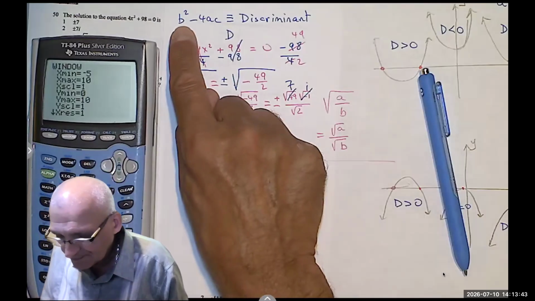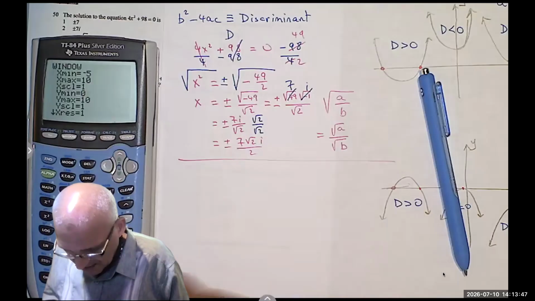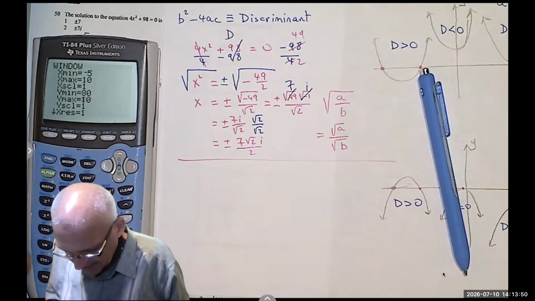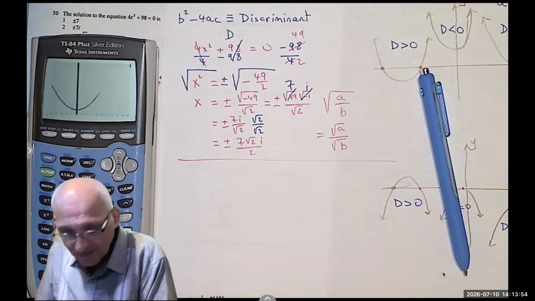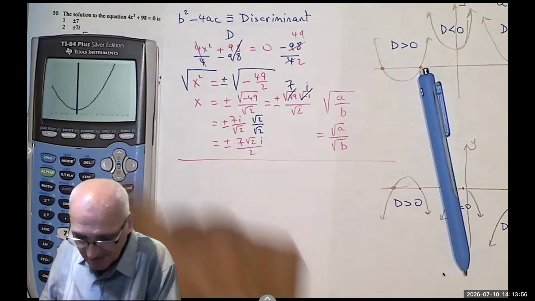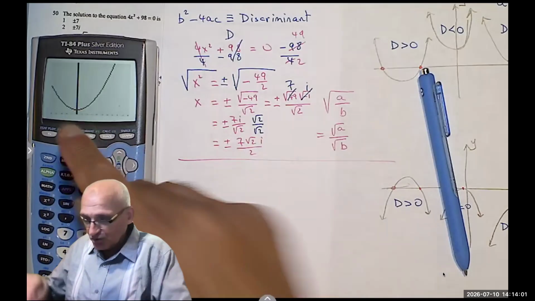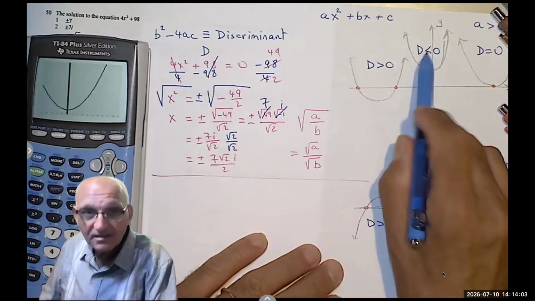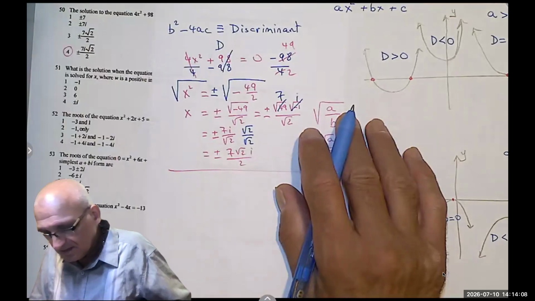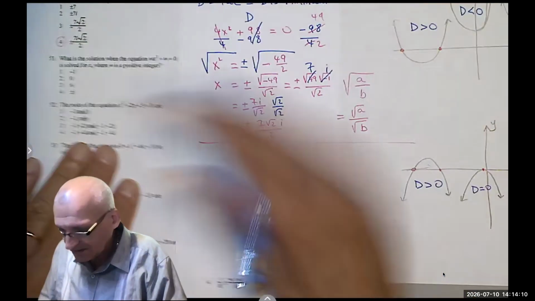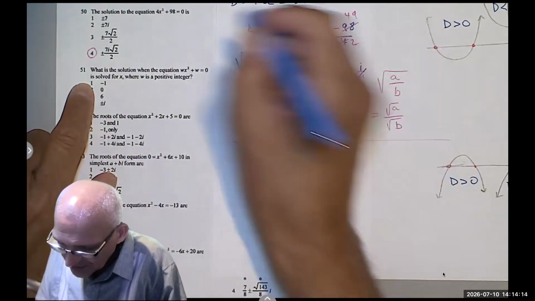We said the minimum would be 98, so let's say even 80, and let's make the maximum a large number, 300 or something. Do you see what's going on? This number is 98. When x is 0, it's 98. So it's this case right here. It doesn't cross the x-axis. That's why you get imaginary answers. We don't need to do that, I'm just showing it to you. So that was number 50.